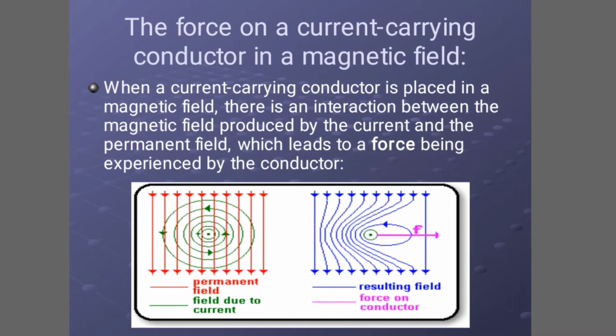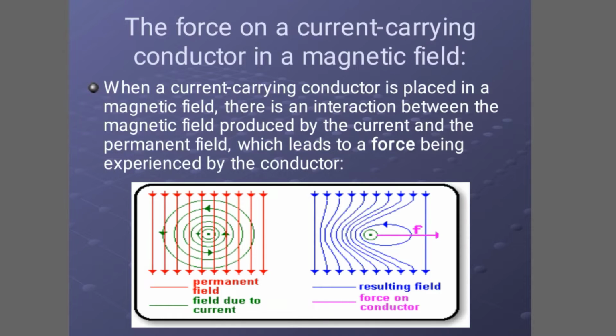Then go to another slide. The force on a current carrying conductor in a magnetic field. When a current carrying conductor is placed in a magnetic field, there is an interaction between the magnetic field produced by the current and the permanent field, which leads to a force being experienced by the conductor. For example, here I have shown two diagrams.